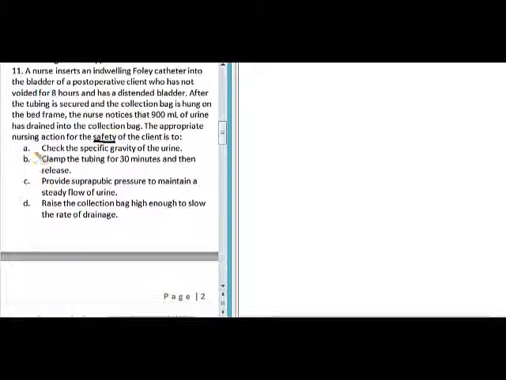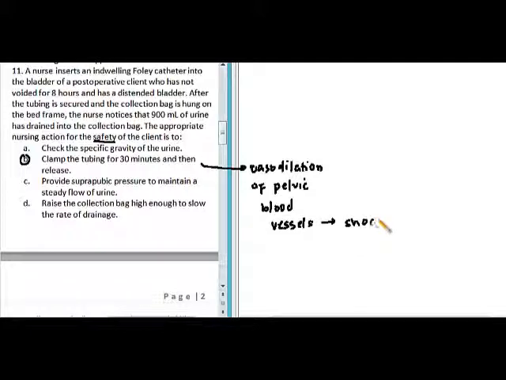Because rapid emptying of the bladder can cause vasodilation of pelvic blood vessels. It can lead to shock. So therefore, you need to clamp. B is the answer.